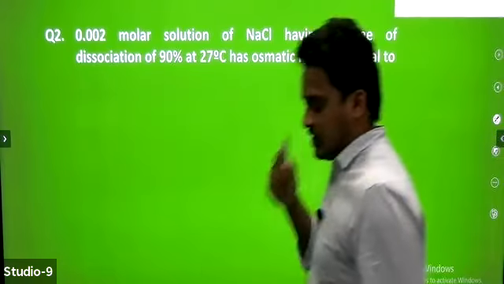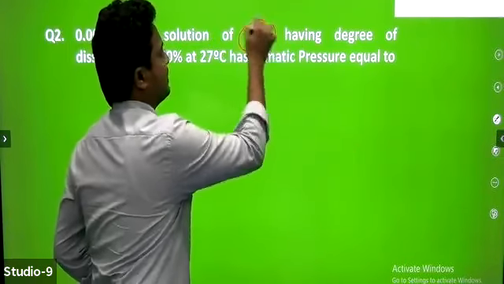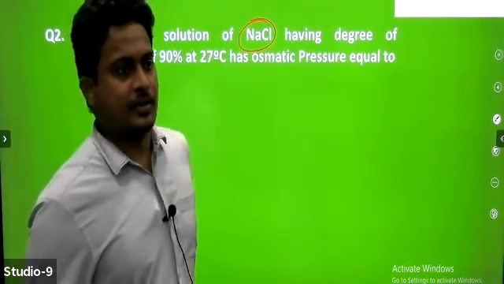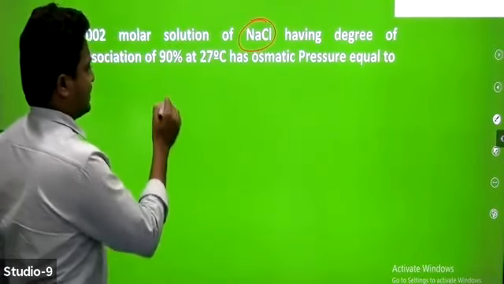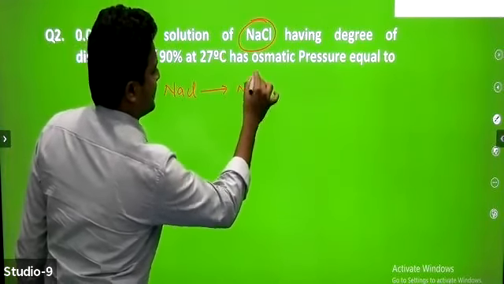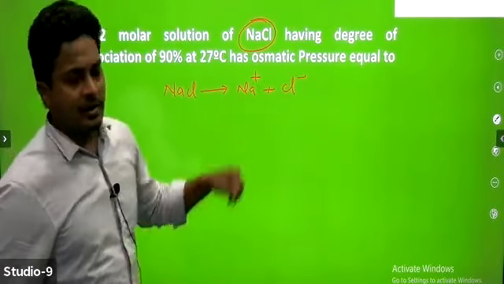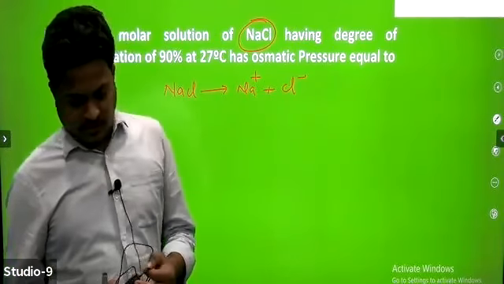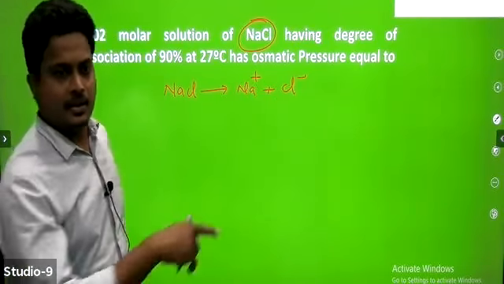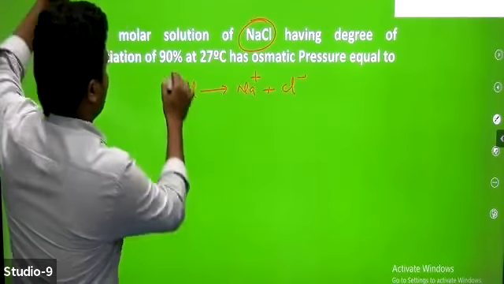Here the degree of dissociation is given. See here, NaCl is a dissociating solute. When NaCl dissolves in water, it dissociates to give Na plus and Cl minus ions. The total number of ions after dissociation is 2.